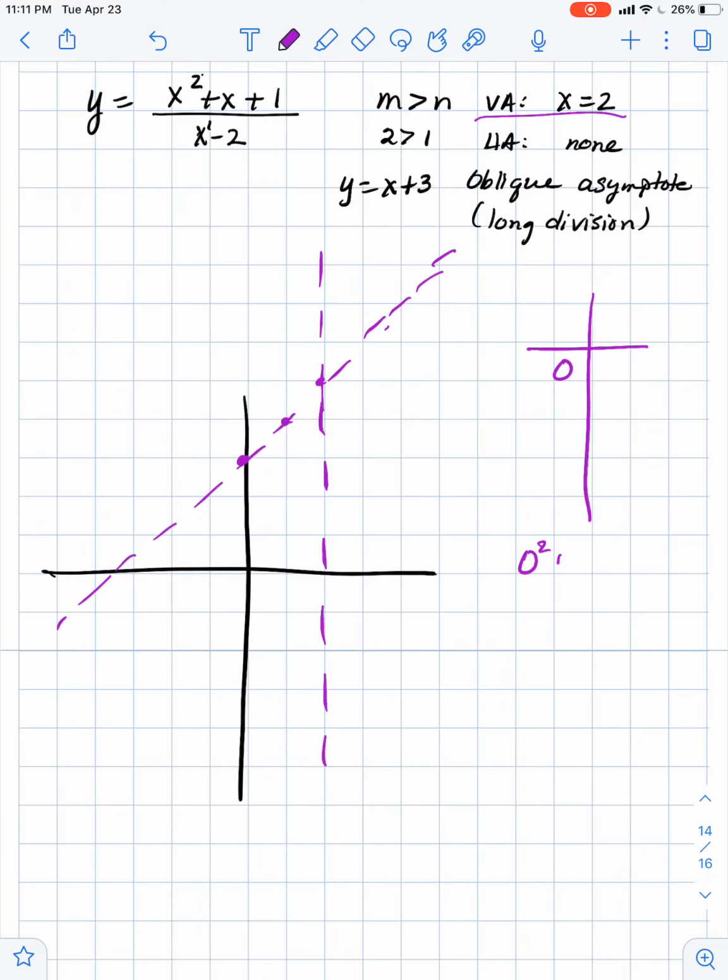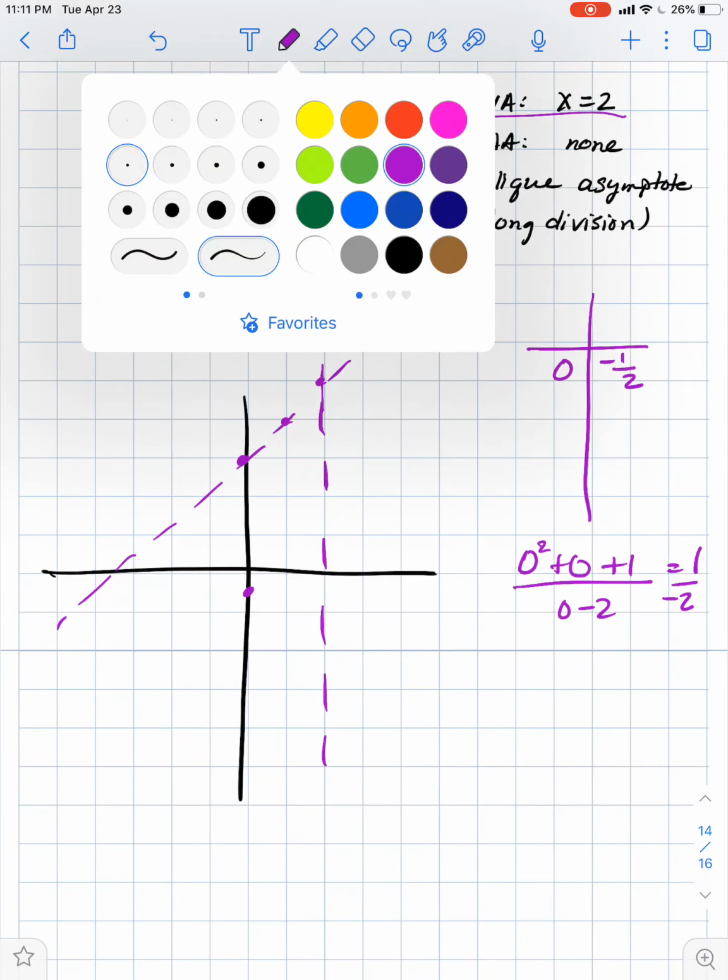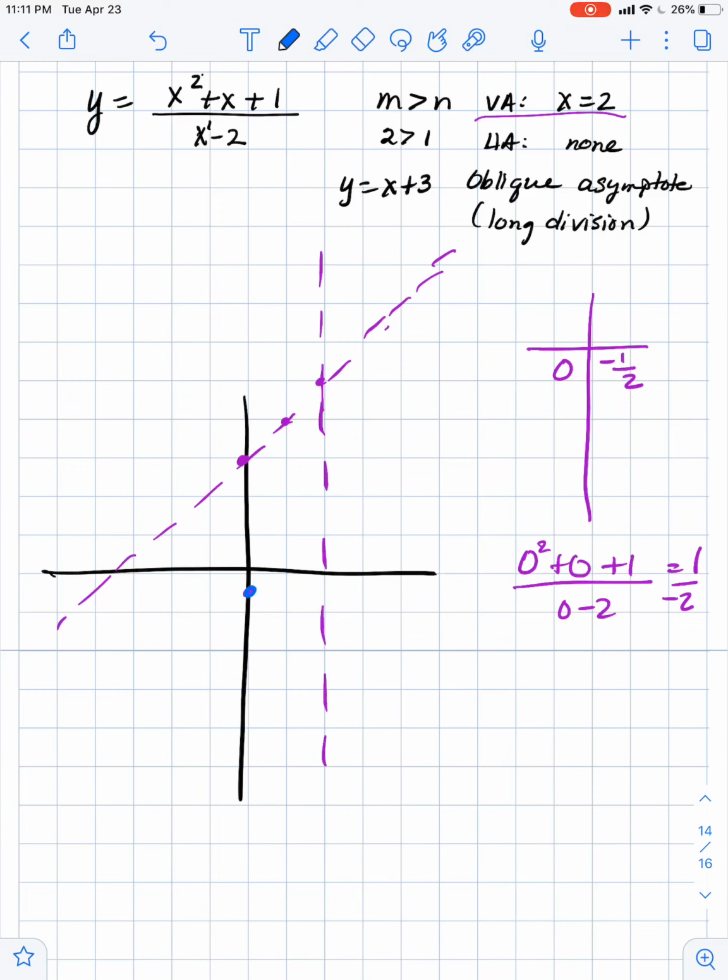Now, hopefully you know that when I put in 0, that's going to give me 1. If I put in a 0 here, that's a negative 2. So at 0, I'm at a negative 1/2, not 1.5. I'm right here. I like using different colors for my asymptotes and my graph. So there's where I'm at.